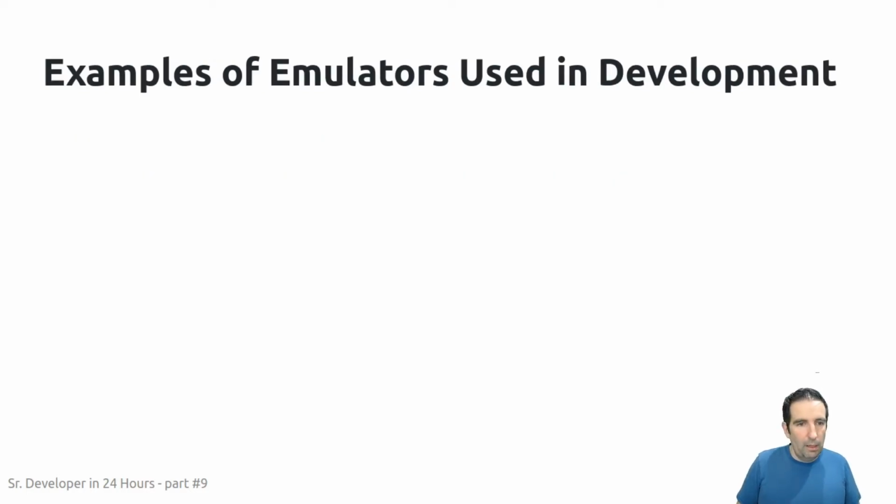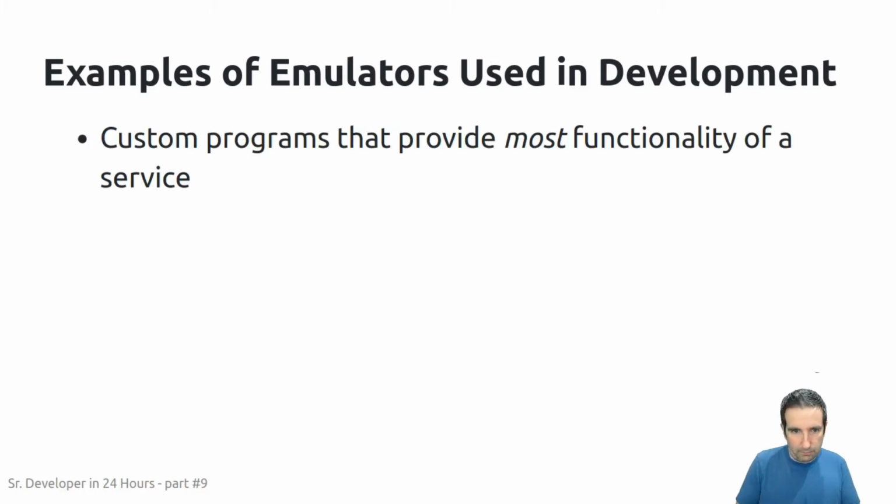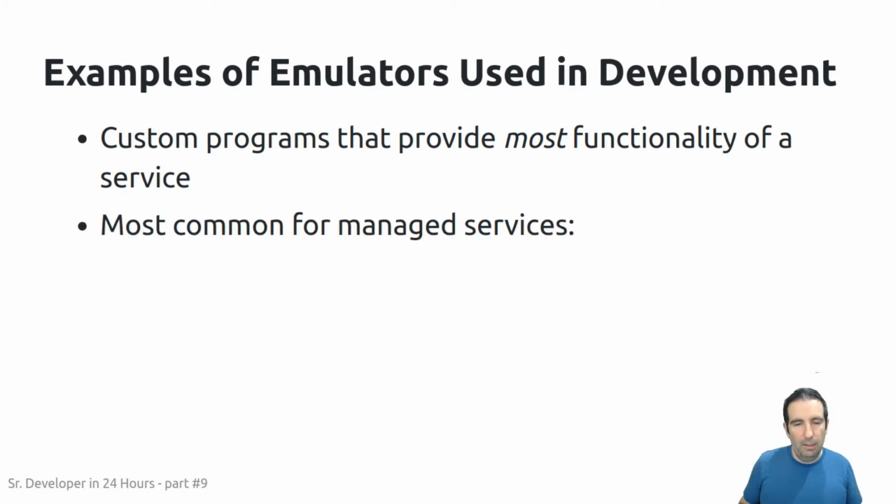Okay, some examples of emulators that are used in development. For example, these are normally emulators that will provide most of the functionality of a managed service. They tend to be custom programs, and they provide functionality that looks very similar to a managed service that we don't have access to.